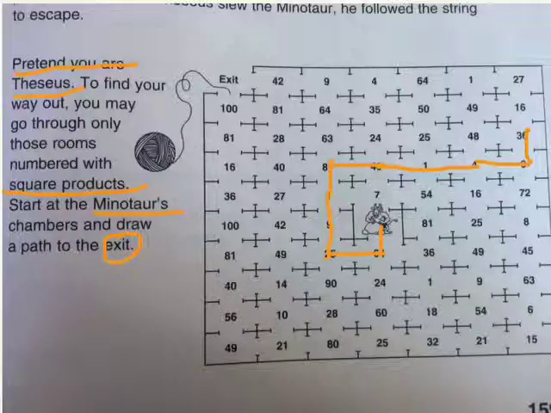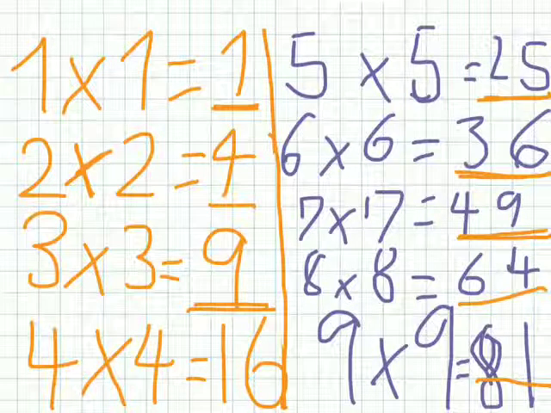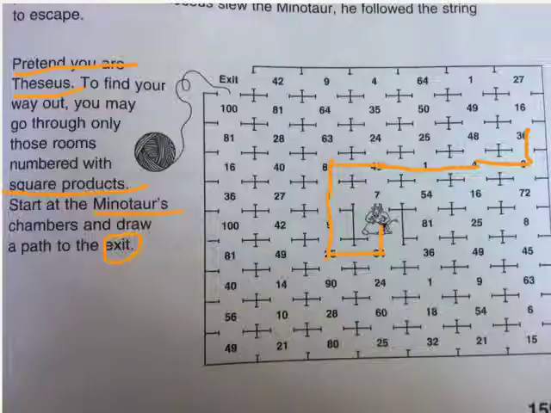So now we can go to 48 or 16. So, is there 48? No, but there is 16, so we could go to 16. So, 16 is this way.